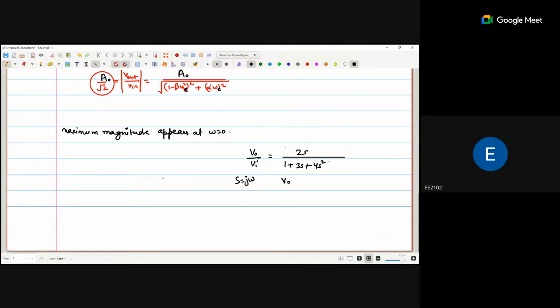So V naught upon Vi is 2 j omega upon 1 plus 3 j omega minus 4 omega square. Now put omega equal to 0. So V naught upon Vi is 0. Put omega equal to infinity.